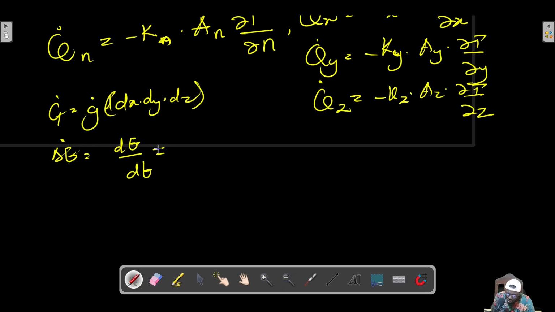Now, you remember from thermodynamics, the change in thermal energy of a material or substance is the mass, in this case m, multiplied by the specific heat.